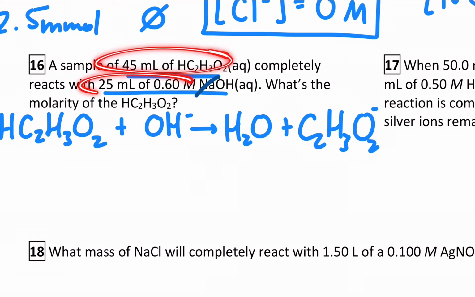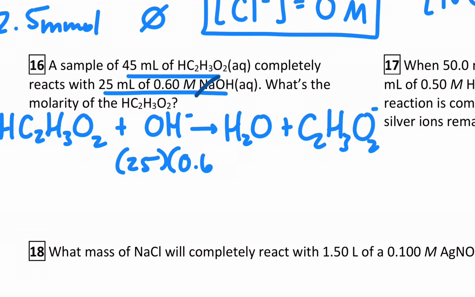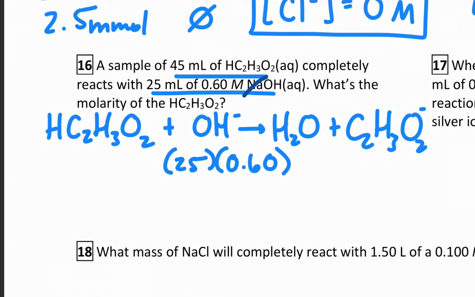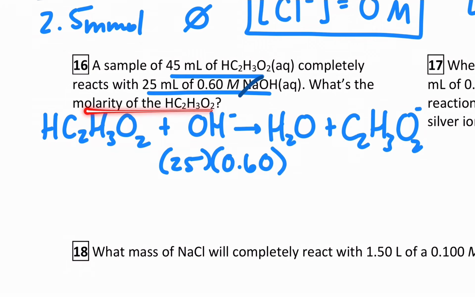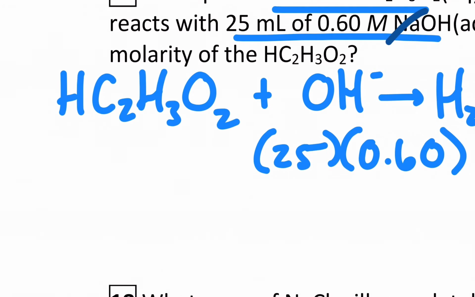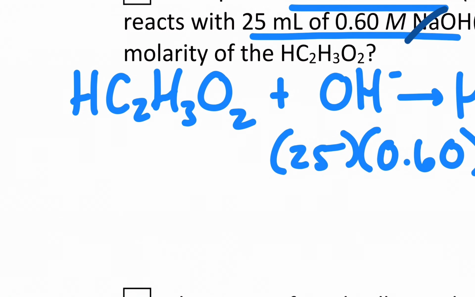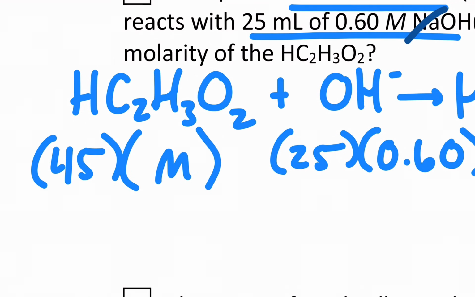I'm going to use the trick we used before. Volume times molarity is moles, so I know how much hydroxide I have. I have 25 times 0.6 of the hydroxide. They're actually asking me, what's the molarity of the original acid? I know its volume, I know it's 45, but I don't know its molarity. This is actually the titration equation.